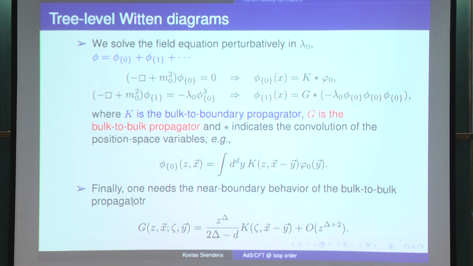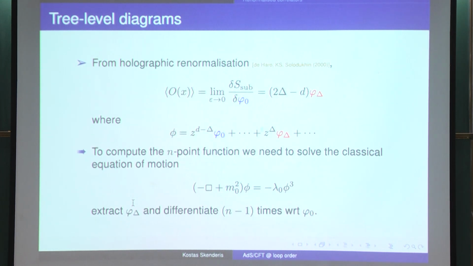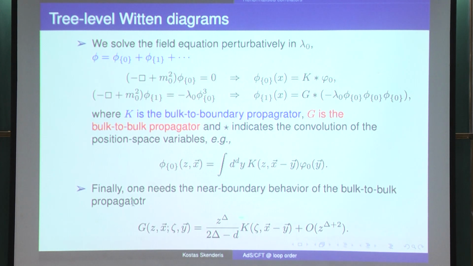Each phi naught contains one bulk-to-boundary propagator, and there are 3 of them. And then G, in the asymptotic expansion, contains exactly the right power in the asymptotic solution, z to the delta. So the coefficient of it is also k.